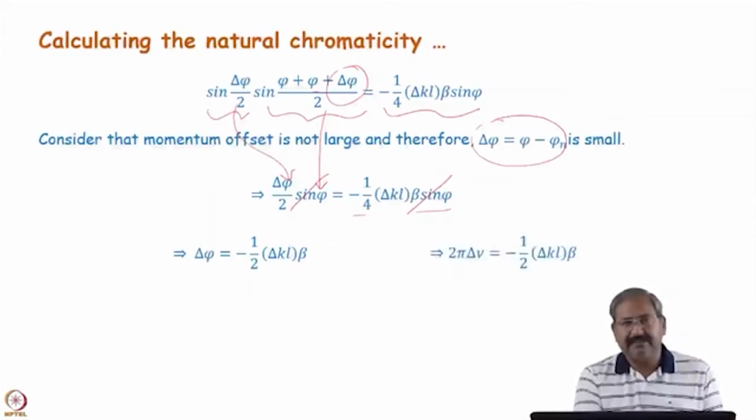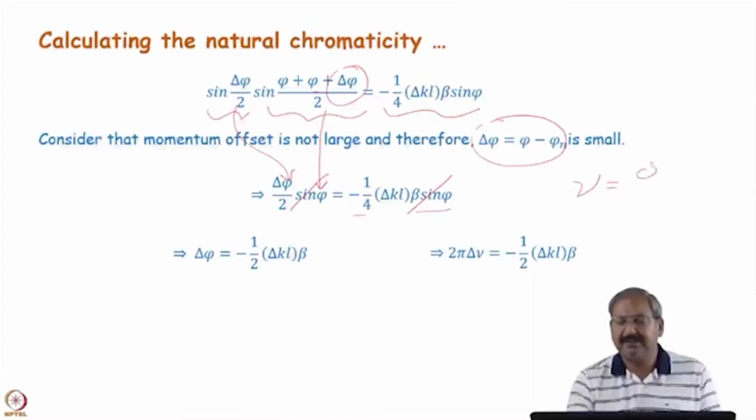Delta phi is basically the phase advance over the one turn. So it is related to the number of betatron oscillations over one complete turn, which is the tune.